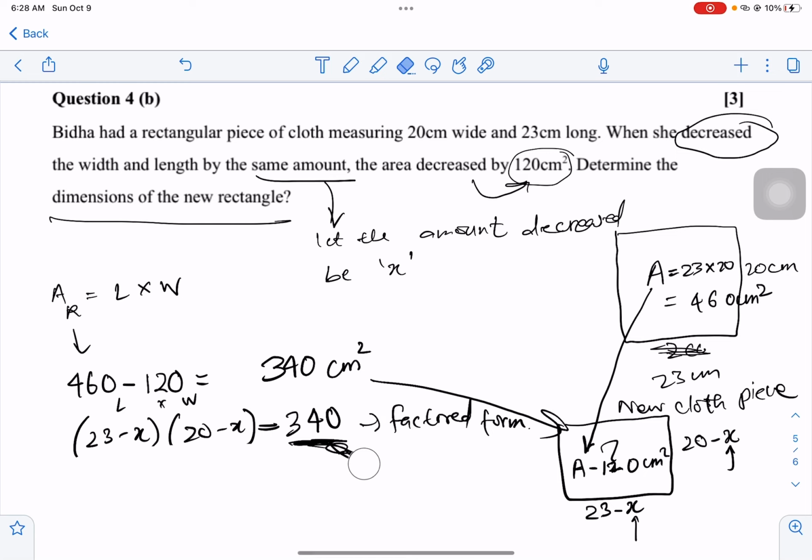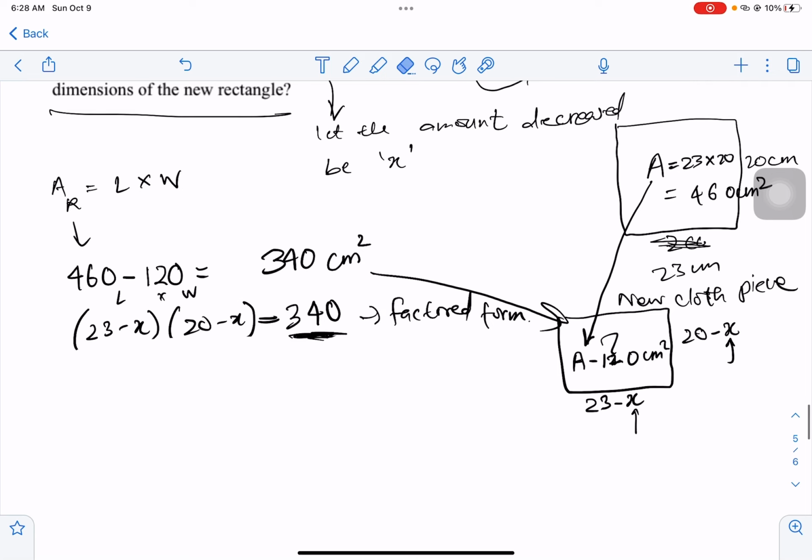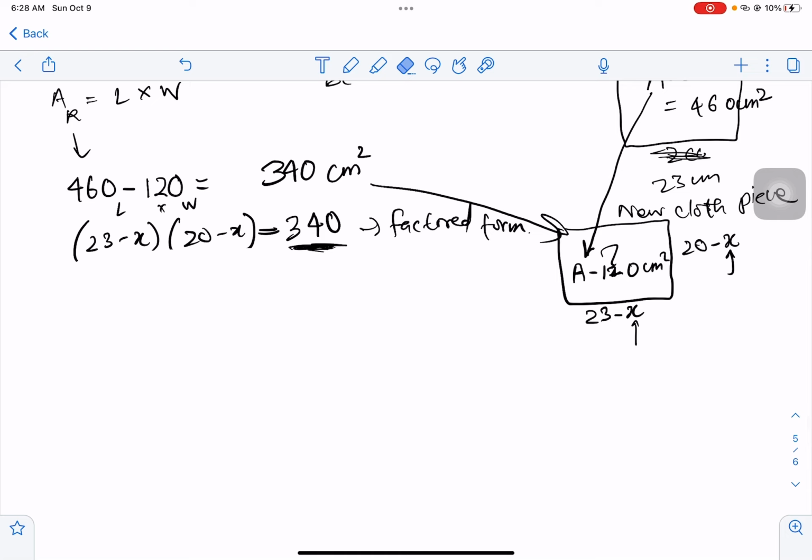Hence we cannot equate to 0 here. So you have to form a quadratic equation by opening the bracket, simplifying, and making it into standard form.